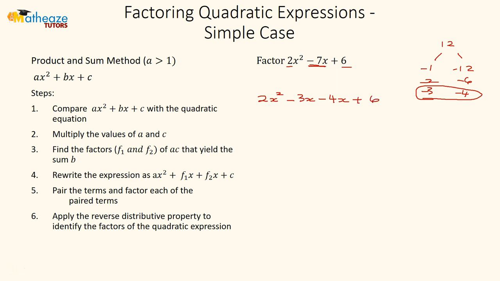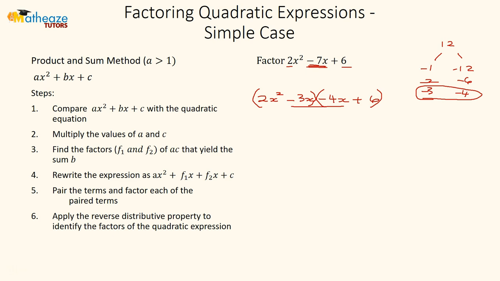So we've replaced negative 7x with these factors. And then the next step is we're just going to group them together and then factor each of these groups.